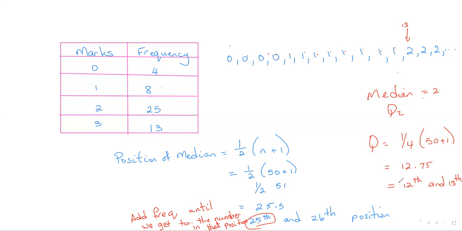So they asked me to find Q1. I need to find out what was the number between the 12th and the 13th position. So you're going to add your frequency until you get there. So 4 plus 8, up to here, I'll have 12 numbers. So my 12th number is 1.